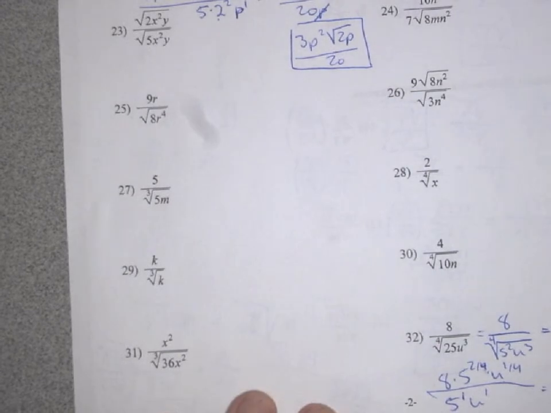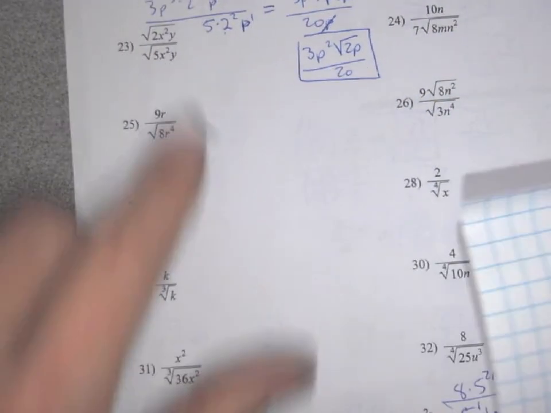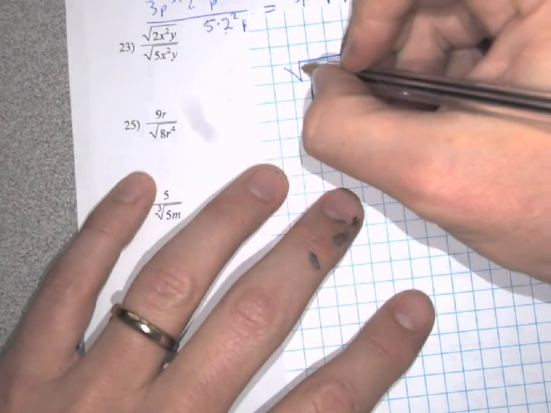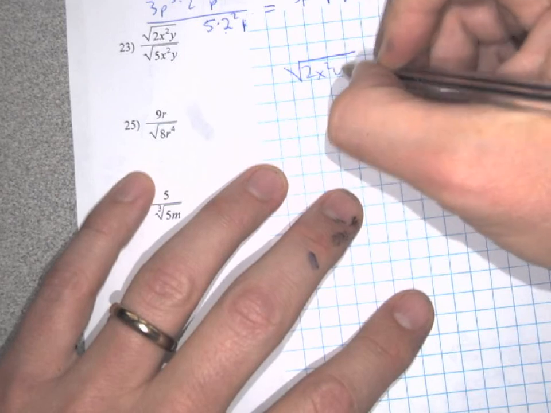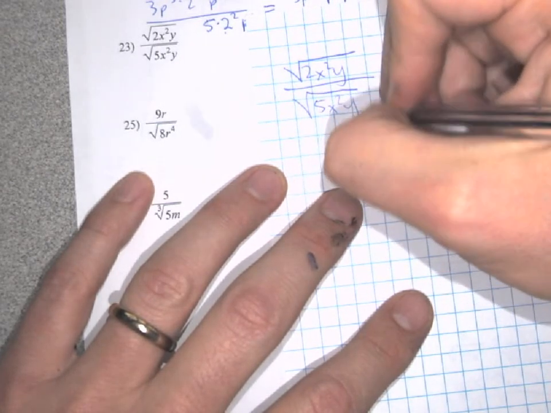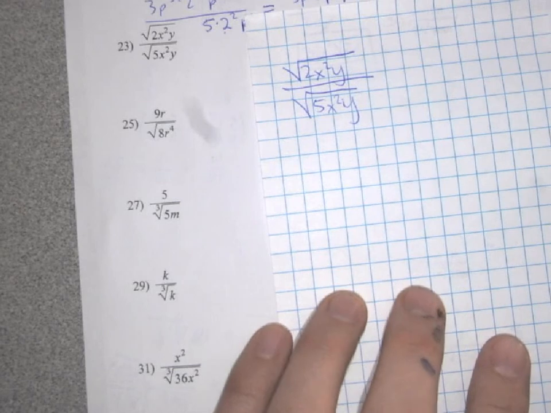Let's take a look at 23. 23 looks a little ugly. Now I'm going to do this on a separate sheet of paper because I'm getting a little cramped over here. But this one has a root in the top. Okay. Now, one of the properties that we talked about is to put everything under the same root.